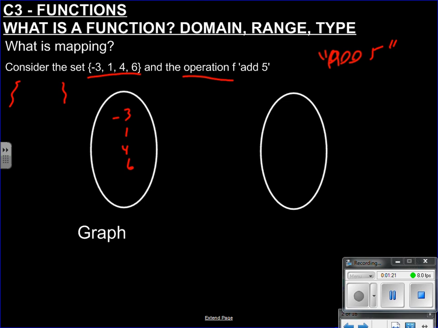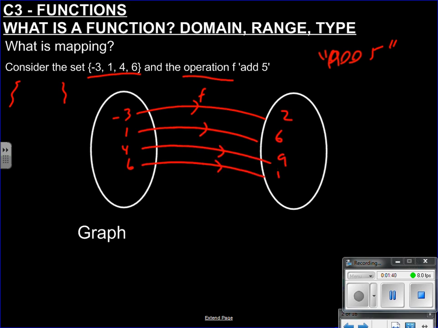I've got a machine and I'm going to insert these numbers into it, and f is the machine itself. f takes the numbers in that machine and adds 5 to them. So -3 will go to 2, 1 will go to 6, 4 will go to 9, and 6 will go to 11.